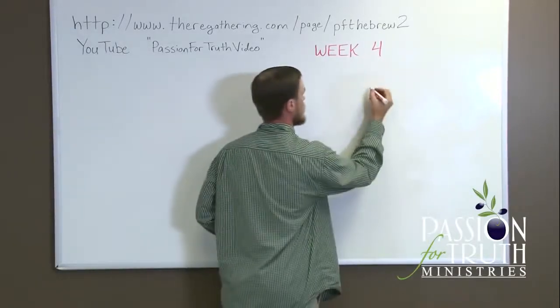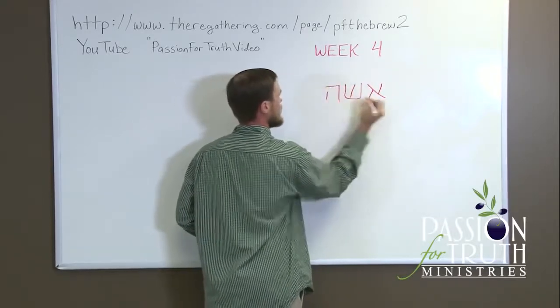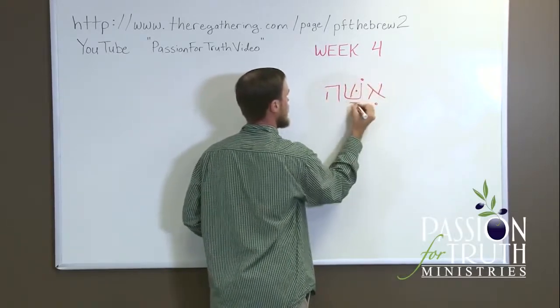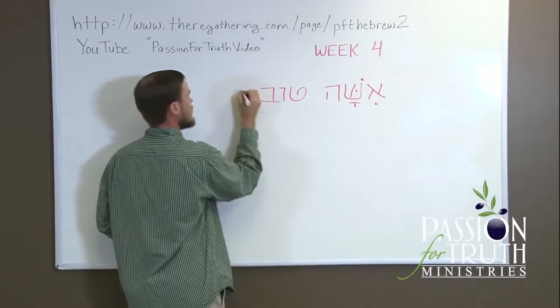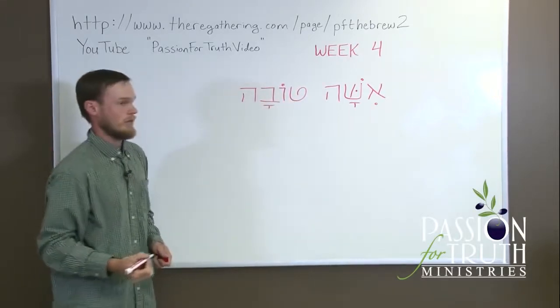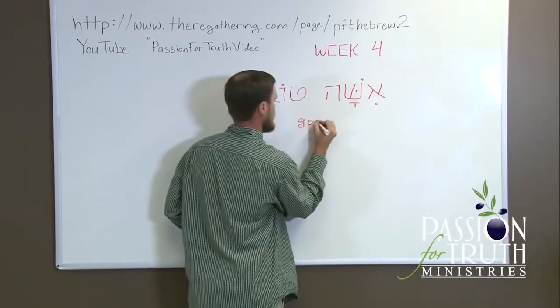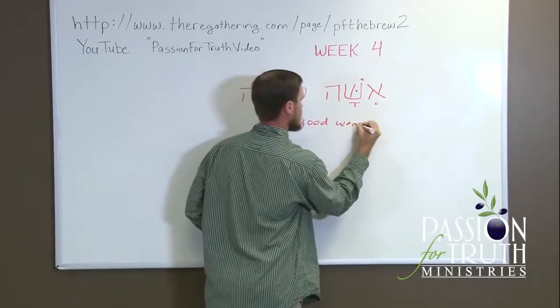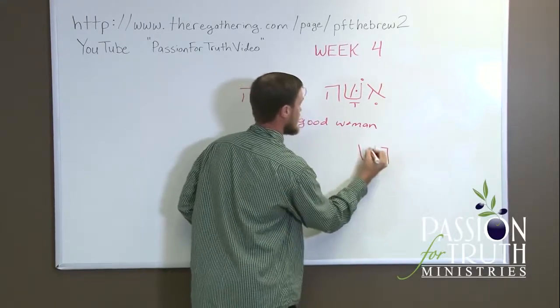So using our earlier example of a good woman, okay, Isha tova. A woman has an irregular plural form. You'd think it'd be Ishot, but in fact, plural of Isha is Nashim.